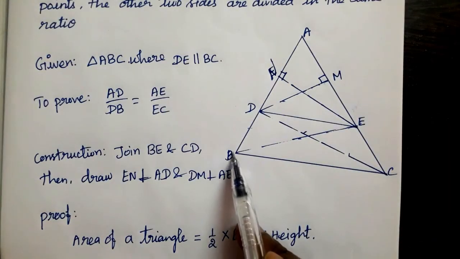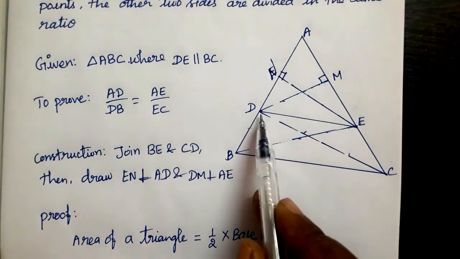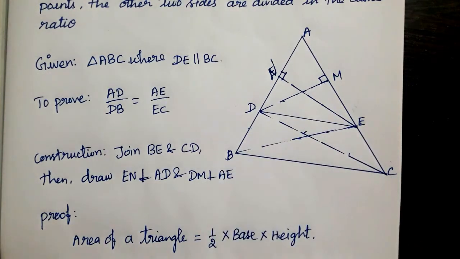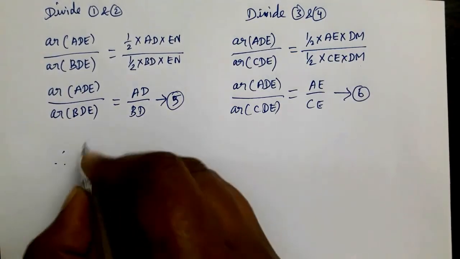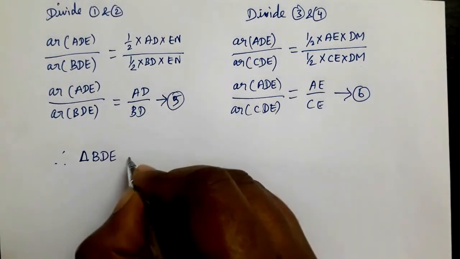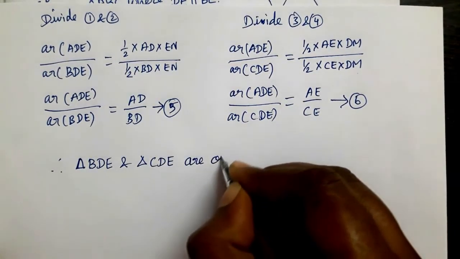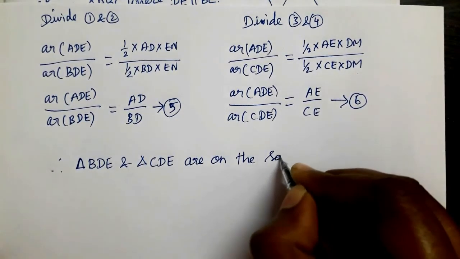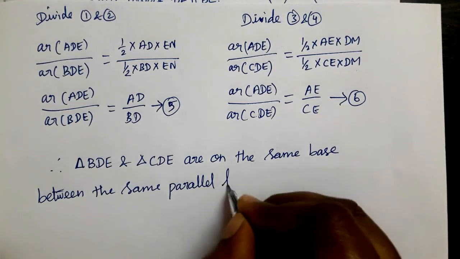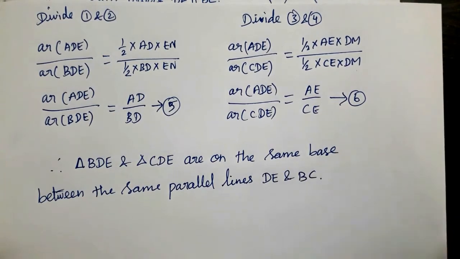Now let us consider triangles BDE and CDE. These two triangles have the same base DE and lie between the same parallels DE and BC. Therefore triangle BDE and triangle CDE are on the same base and between the same parallel lines DE and BC.